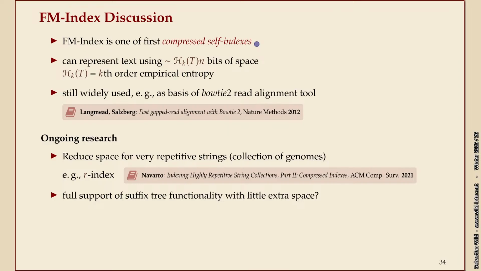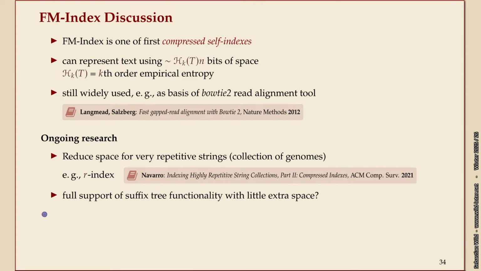The FM index was one of the first of these compressed self-indexes and still widely used. You can prove with the right wavelet tree representation that it compresses the text in something better than a Huffman coding trick, kth order empirical entropy, for those who know, if not, forget it. And here's the reference for the read mapping tool that's based on it.